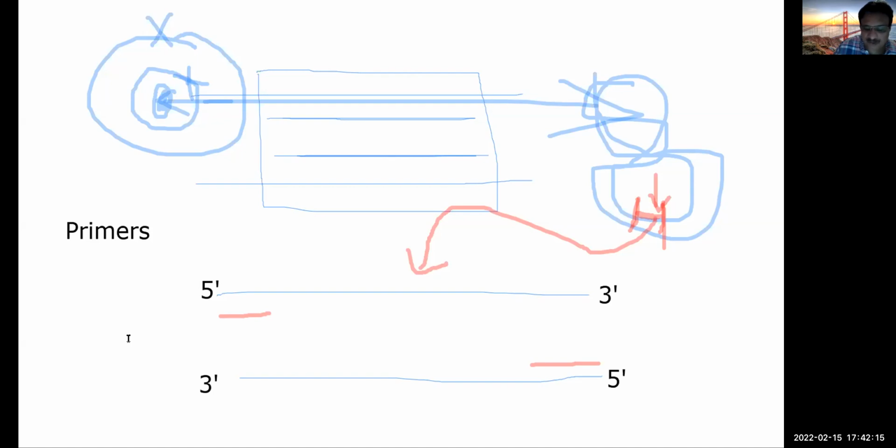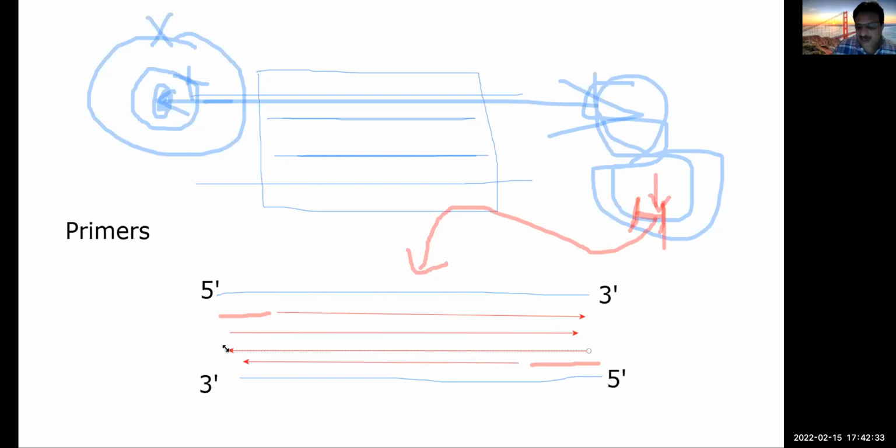You have to choose your target, and that has to be very, very specific. And then remember what Kary Mullis thought of? Back and forth, from this direction to this direction. Each time it happens, it generates one daughter DNA.